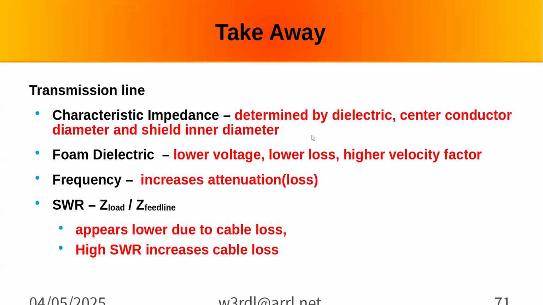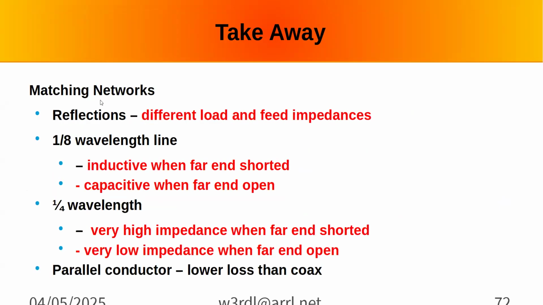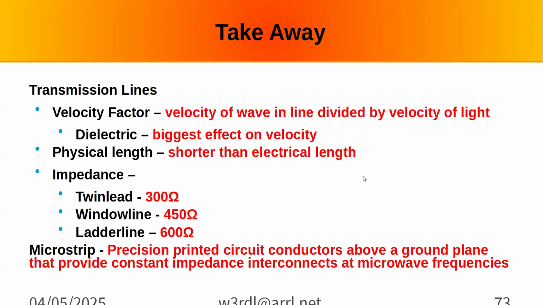Okay, so we talked about characteristic impedance, foam dielectric versus solid, how frequency increases loss or attenuation, SWRs, matching networks, why we want to match, eighth wave, quarter wave, and half wave transmission line stubs, parallel conductors, velocity factor and dielectric.